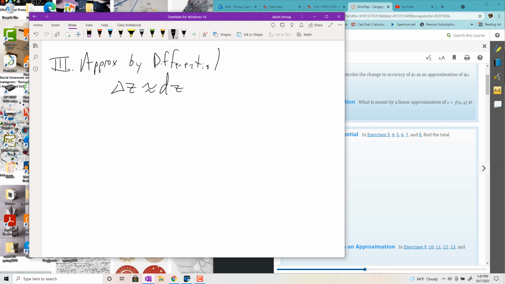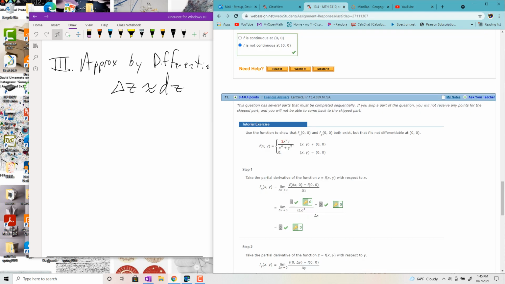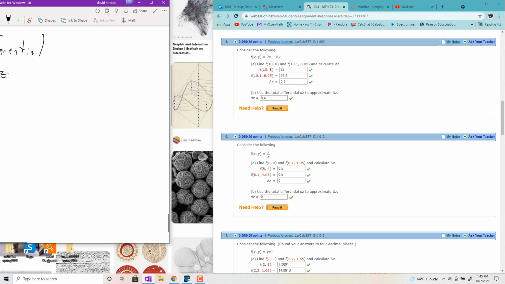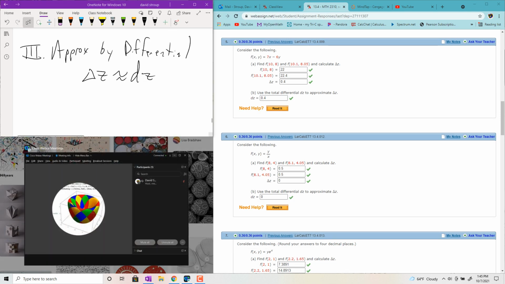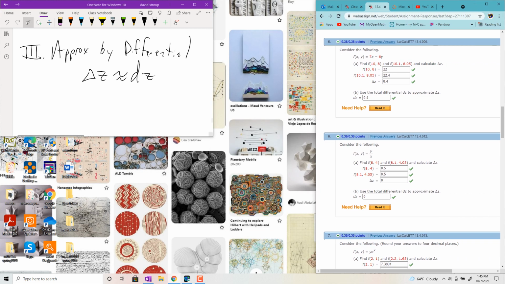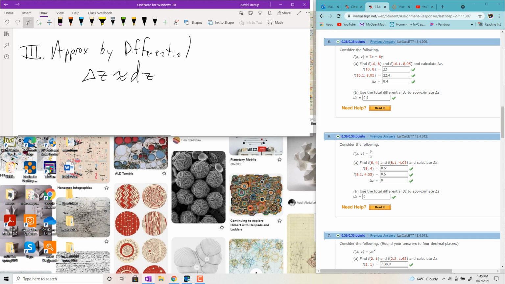Okay, and let's look at the problems we're up against here. All these type of problems are the ones that are these differential types.